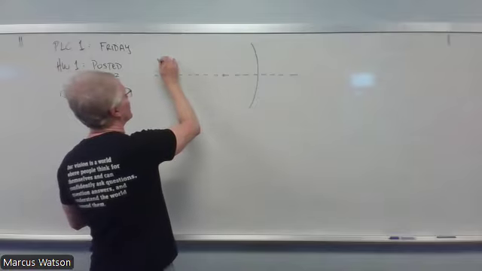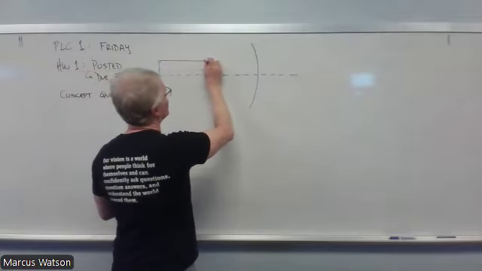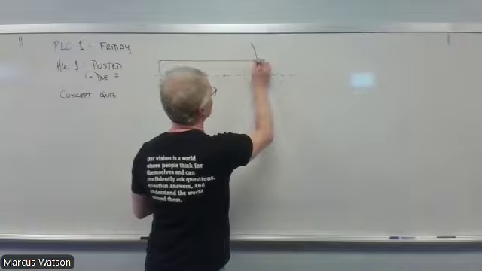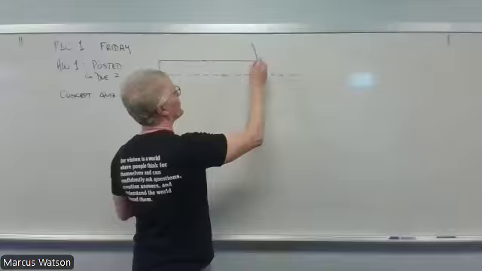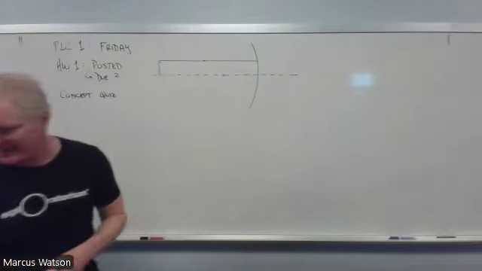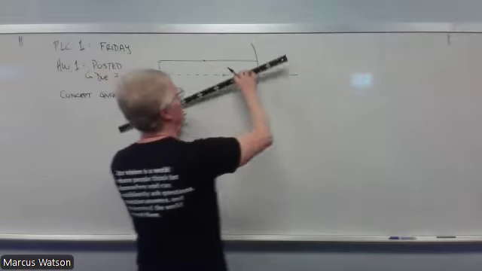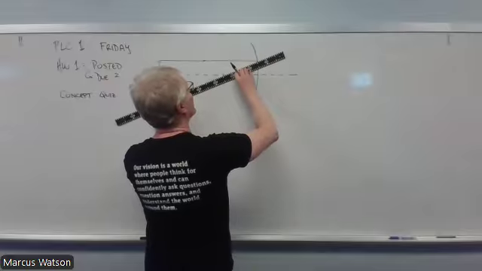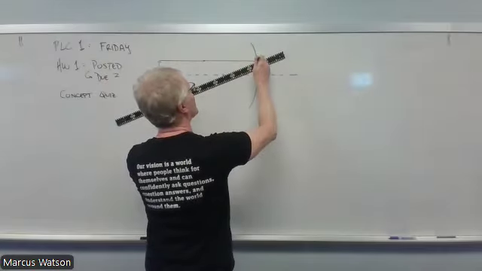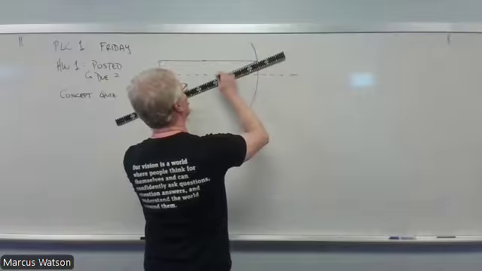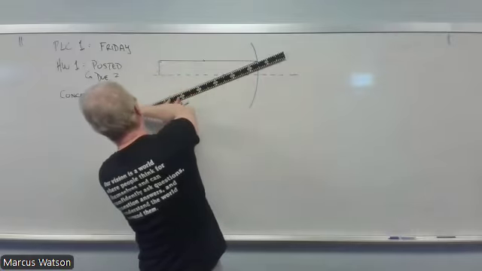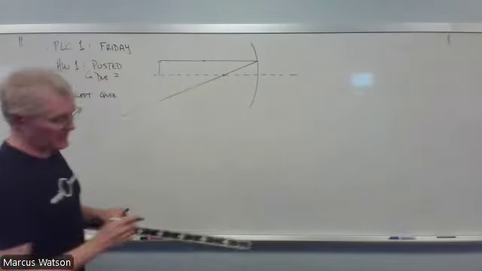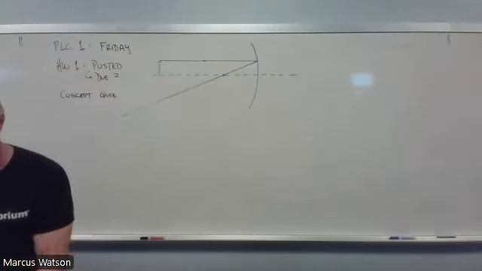So ray 1, I got grid lines, so all I got to do is make ray 1 straight along that line there, coming in that way, and then dropping through the focal point this way. I could be a little bit more careful with this. So let's go ahead and sketch ray 1 coming out, going through the focal point here. I'm going to make it a really extended line here.